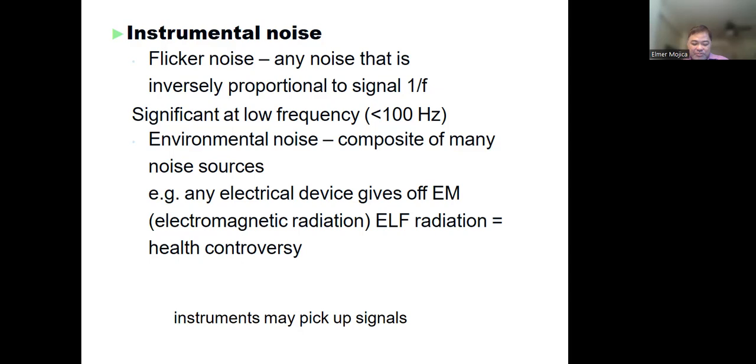If we have this flicker noise, 1 over f or 1 over frequency, it's because of the magnitude of what we call flicker. Have you heard the word flicker? What is flicker noise?